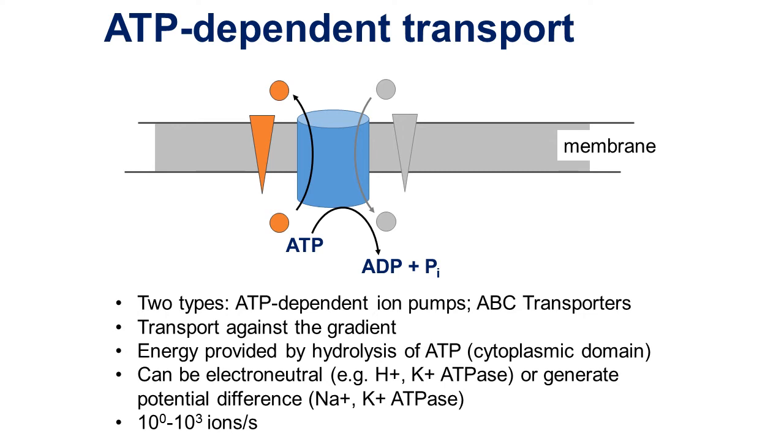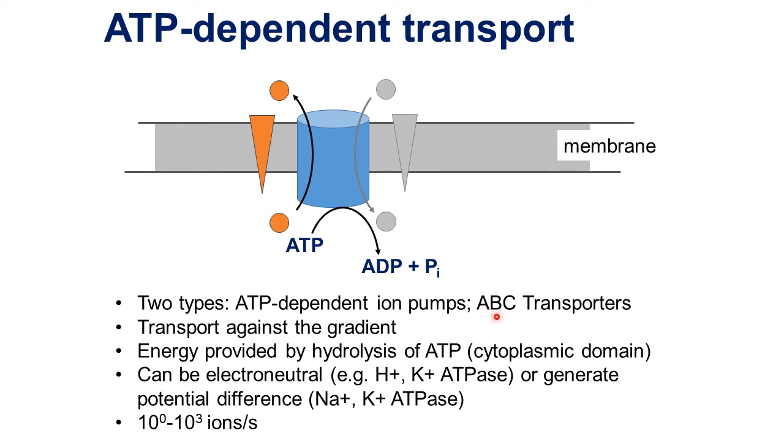The third and final class of transmembrane transport proteins are two groups of transport proteins that require ATP in order to transport molecules against the gradient across the membrane. There are two types of these ATP-dependent transporters. The first is the ATP-dependent ion pumps, which are particularly relevant in the secretion of hydrochloric acid by the parietal cell.